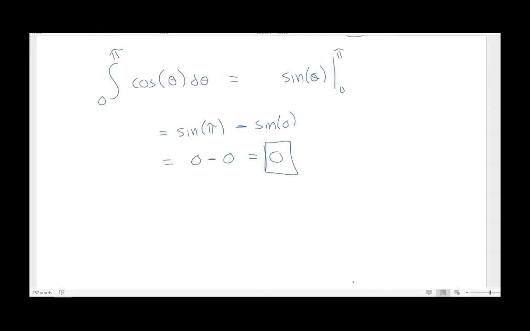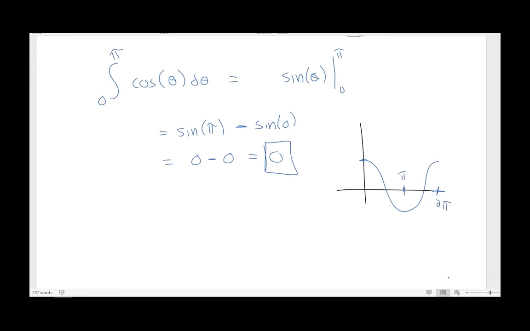If the integral is area under the curve, how on earth am I getting a 0 area? Now if I again visualize this, let's think about the sine curve. Think about the cosine curve. We are integrating the cosine curve here. The cosine curve looks roughly something like this. From 0 to 2 pi is its period. So 0 to pi takes me here.